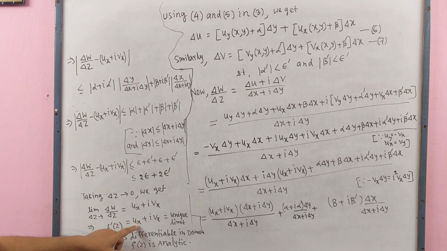Since ux is the partial derivative of u with respect to x, which is a unique quantity, and vx is also a unique quantity, this becomes a unique limit. That is, f'(z) exists in domain D, therefore f(z) is analytic.